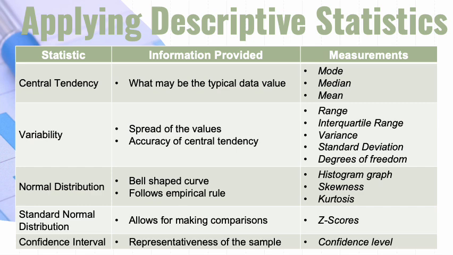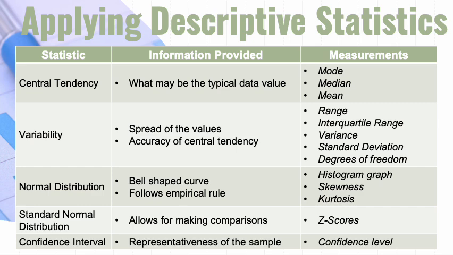Because every sample is going to have different means and standard deviations and sizes, even when they are normally distributed, we need to be able to compare individual values to a sample, and we need to be able to compare samples to each other, which is why we use the standard normal distribution, and we can use a z-score to compute where an individual data value falls in comparison to the estimated population mean.